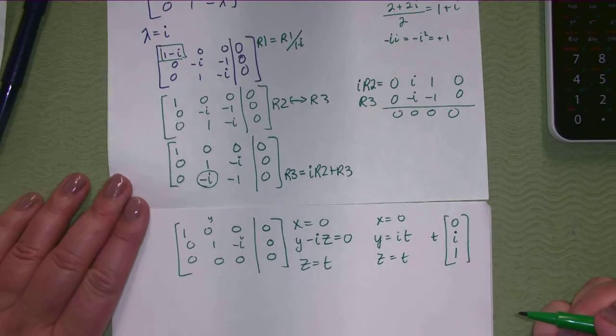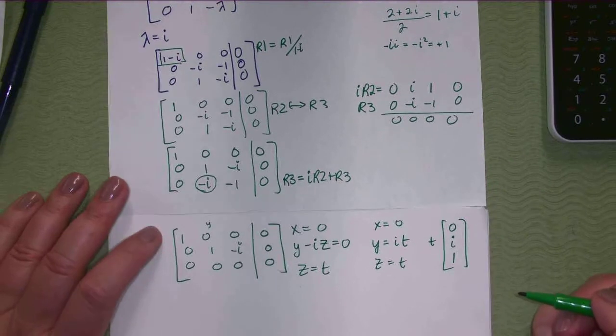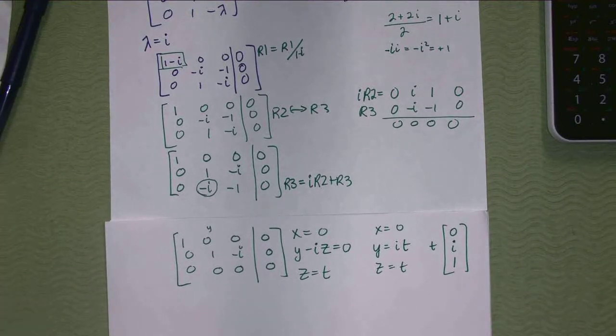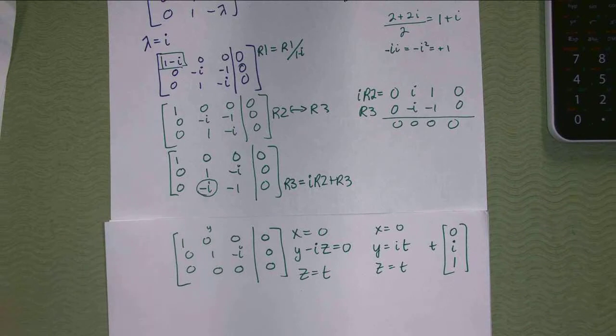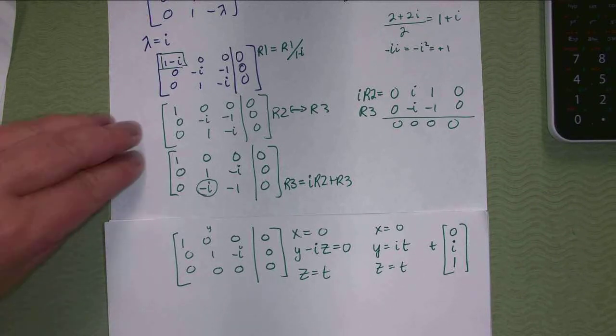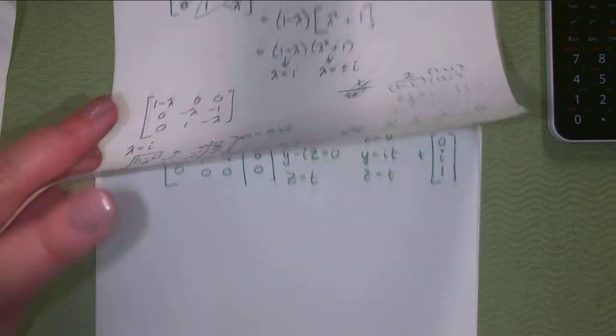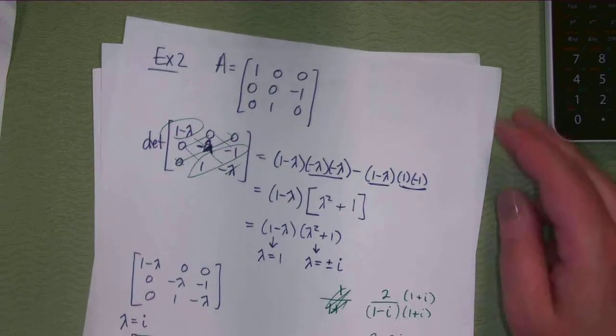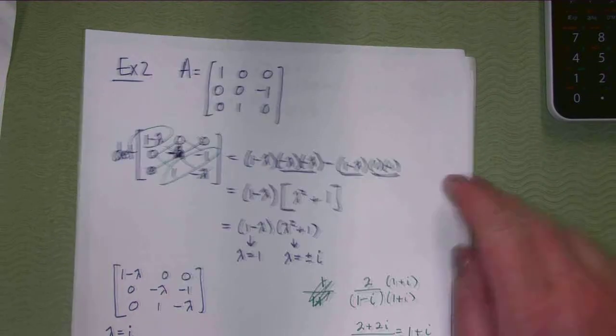So you can do everything in complex numbers. You can have matrices with complex numbers in it, or matrices that end up giving you eigenvalues that are complex numbers. That's just for the first one. If we wanted to find them all, you would go through and find them all, but it's pretty similar. The only difference is when you do that dot product or matrix multiplication, you do the conjugate of the first one. That's the only difference.